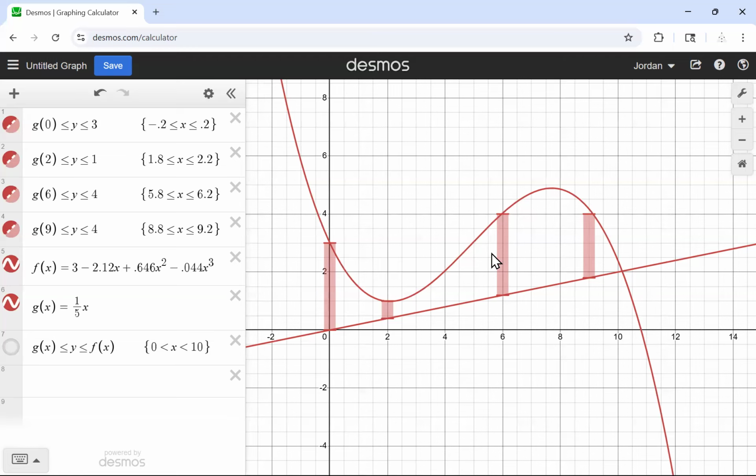So if I take the middle of the rectangle multiplied times the length of the rectangle, and then sum up all of those, the sum gives me an approximation for the moment about the x-axis.